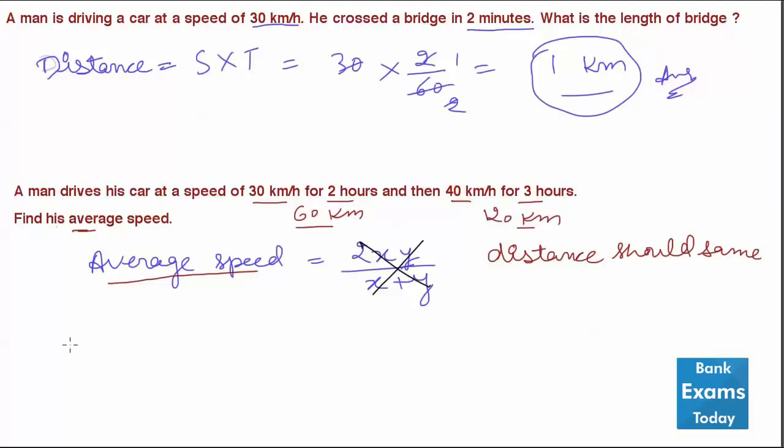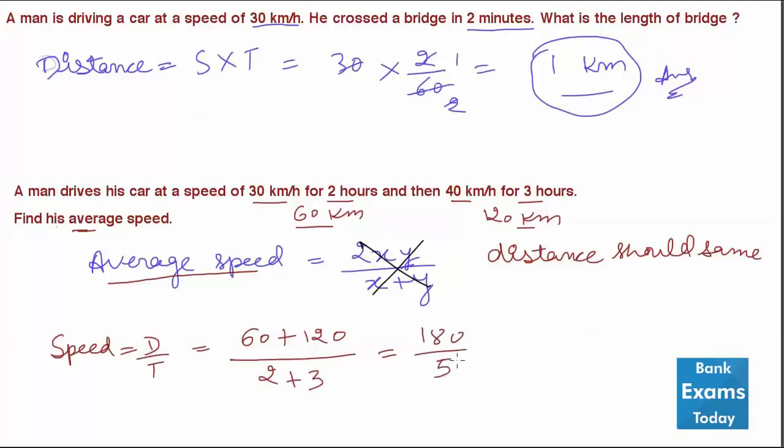So let's apply a simple formula, that is speed is equal to distance over time. So the distance is 60 kilometers plus 120 kilometers, and the time taken is 2 hours plus 3 hours. So it becomes 180 over 5, so 36 kilometers per hour is our answer.